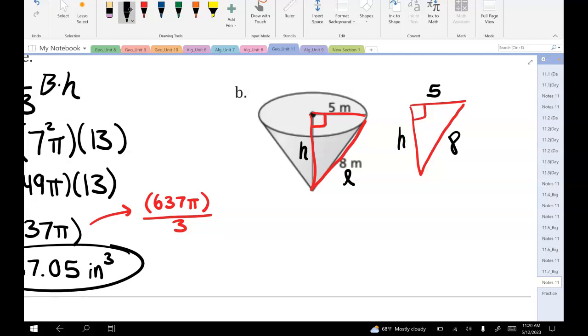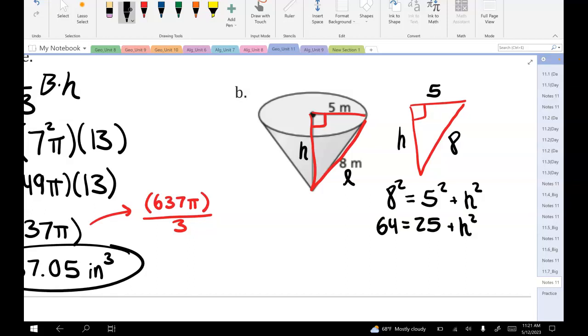So whenever you're trying to find the side length or a leg length of a right triangle, you can use Pythagorean's theorem. So your hypotenuse squared is equal to one leg squared plus the other leg squared. So with our values, that would be 8 squared is equal to one leg, 5 squared, plus our second leg squared, H squared. 8 squared is 64. 5 squared is 25.